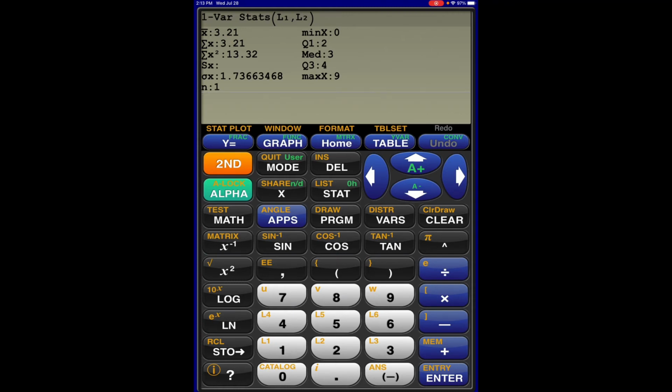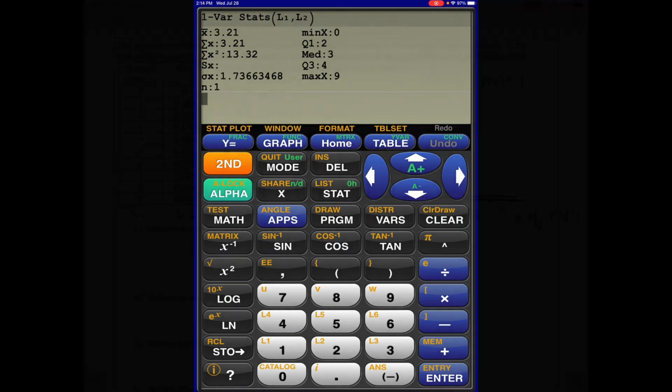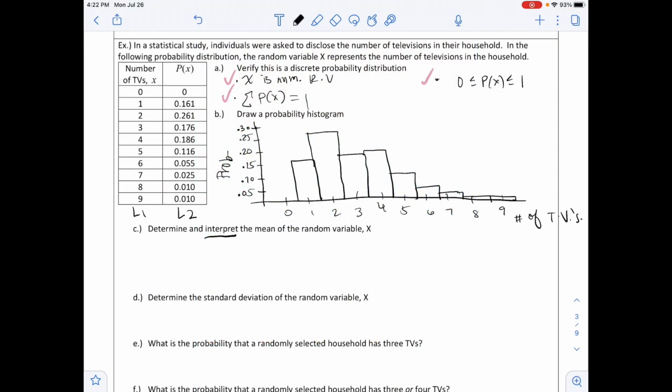The first one on here that we need for part C is our mean, and then also later on we will need for part D the standard deviation. On the calculator, we arrive at our mean, and I'm going to go ahead and put mu sub x. And our mean is going to be 3.21.